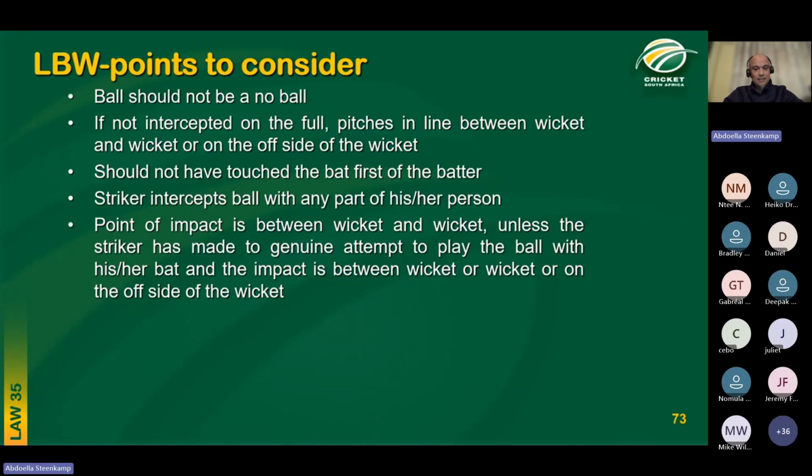If that is the case, the impact then needs to be between wicket and wicket or on the offside of the wicket. And then lastly, would have gone on to hit the wicket. So these are the 5 points according to law that you need to consider when there's an LBW appeal.